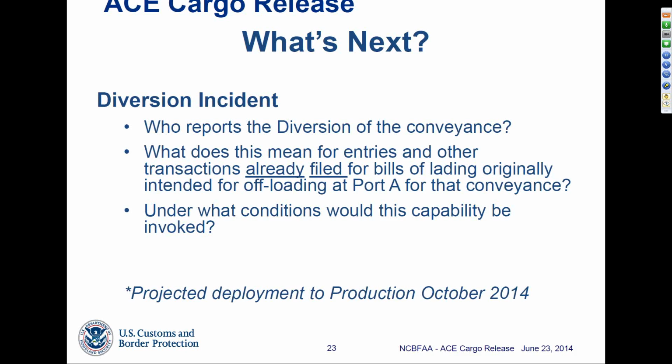So we've taken all these electronic tools, and most importantly, we're making an exception that Rulings and Regulations is ready to write regulations for, a permanent exception when this happens.